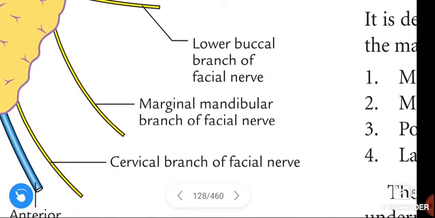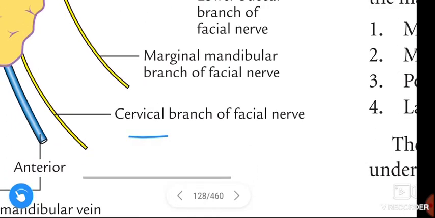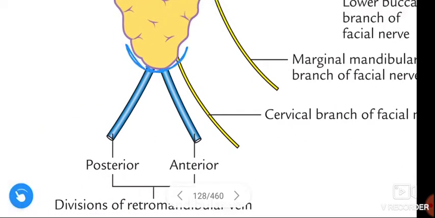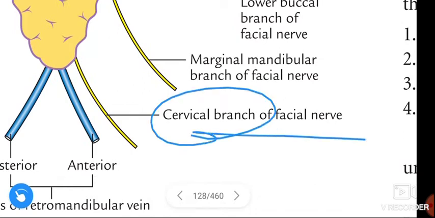These are all the branches of the facial nerve related to the anterior border of the parotid gland, but the last branch of the facial nerve, the cervical branch, is related to the apex.